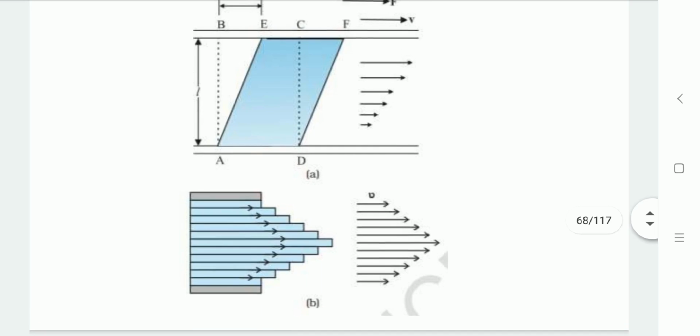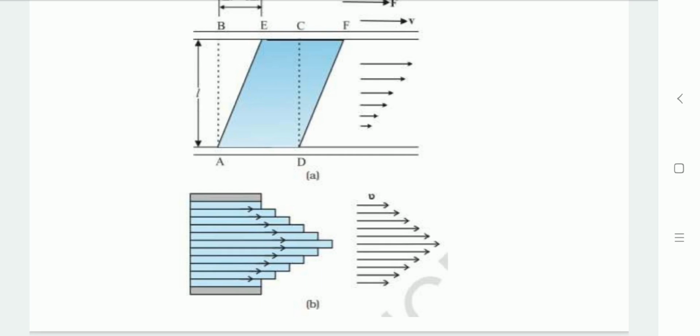So here in diagram A, you can see the portion of liquid having initial shape ABCD. Now as the upper surface moves, after an interval of delta T, the fluid takes the shape AEFD.